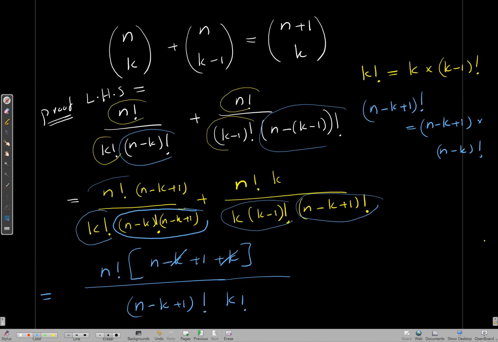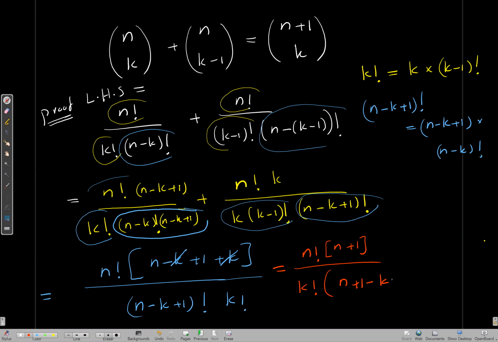So I have here factorial n times n plus 1, divided by factorial k times n minus k plus 1. Let me rewrite it as n plus 1 minus k.